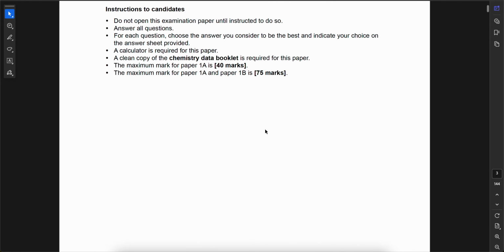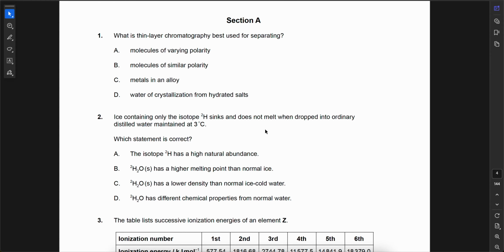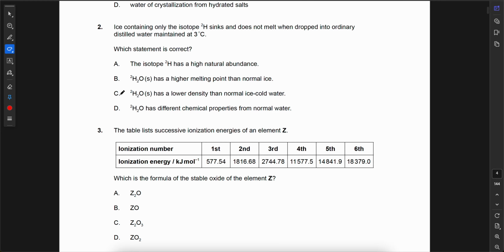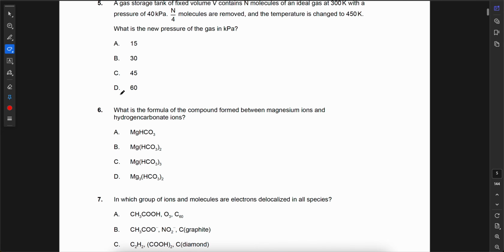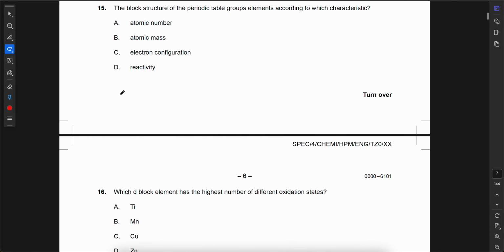Basically, this is for HL. So the usual MCQs have the options A, B, C, D: 40 questions for HL, and 30 questions for SL.